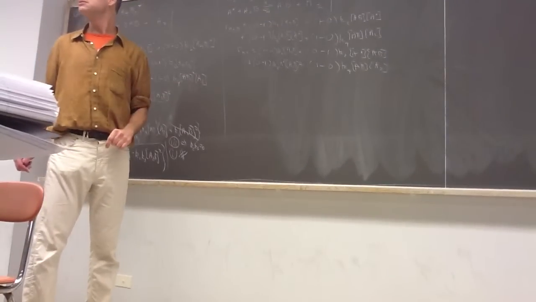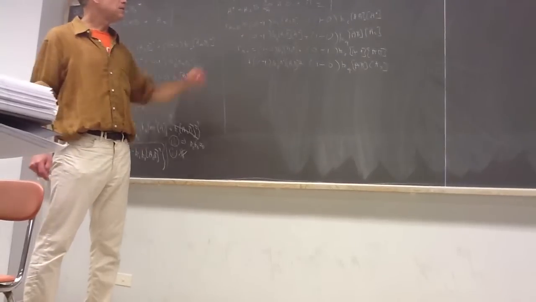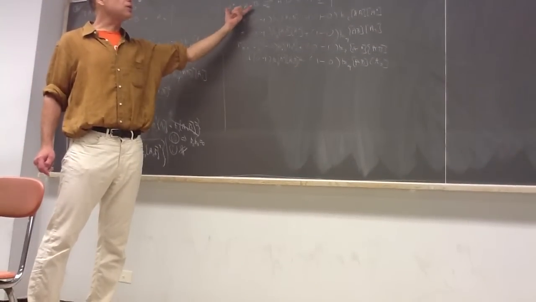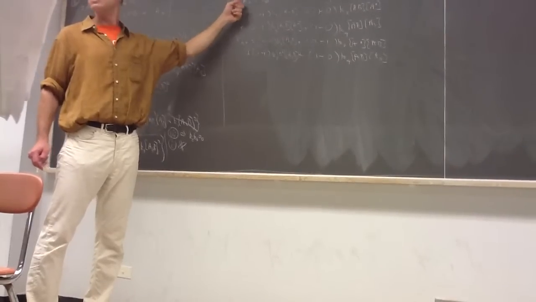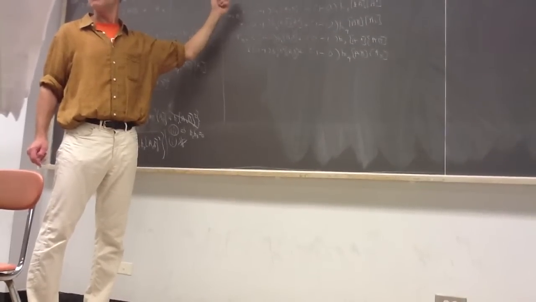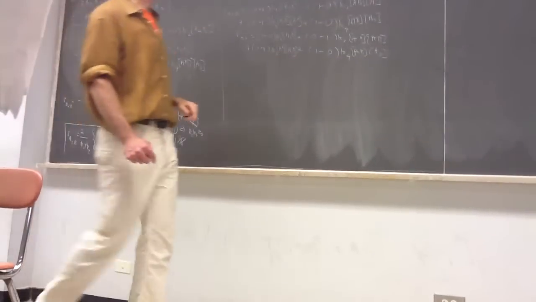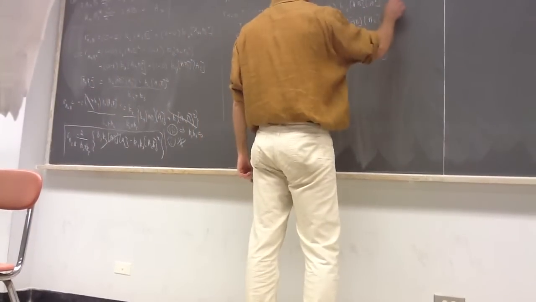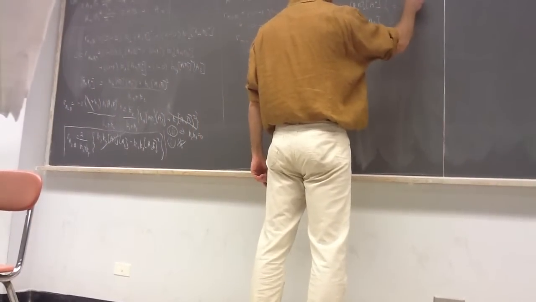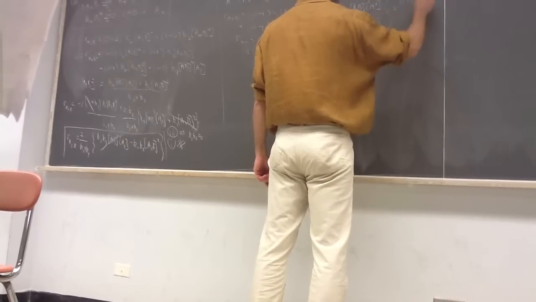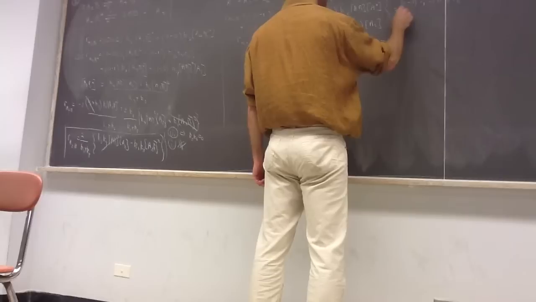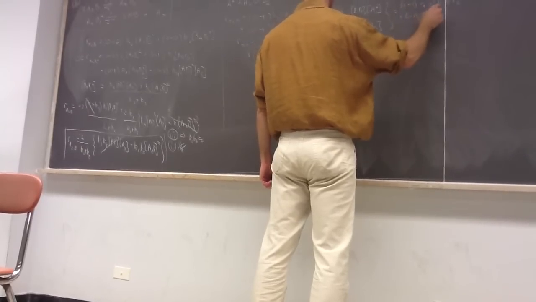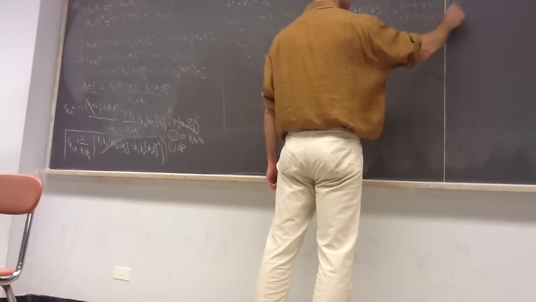Okay, so now let's notice something. The rate of a given reaction, the rate of reaction 3, is A star A2B times K3. In other words, let me rewrite this. This is equal to 0 minus 1 times the rate of reaction 1, plus 1 minus 0 times the rate of reaction 2, plus 0 minus 1 times the rate of reaction 3, plus 1 minus 0 times the rate of reaction 4.